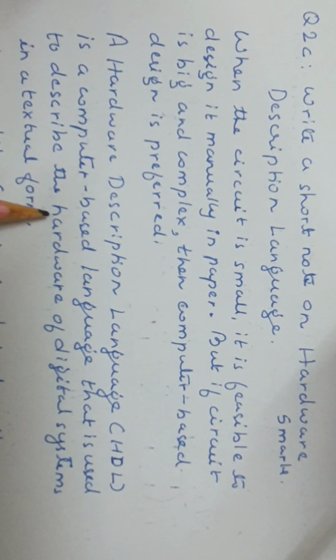So containing all these gates and by interconnection, we can draw the logic diagram. But if you want to describe it in textual form, then the language used, which is a computer based language, is the hardware description language. Means with that language we can describe a digital circuit in text form.